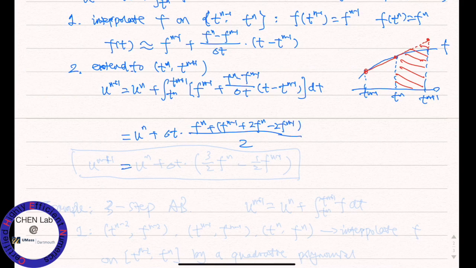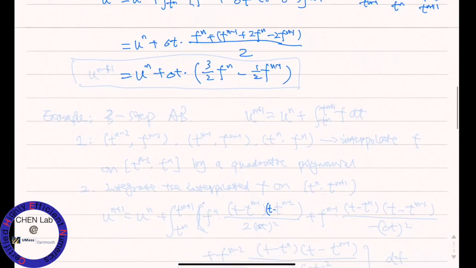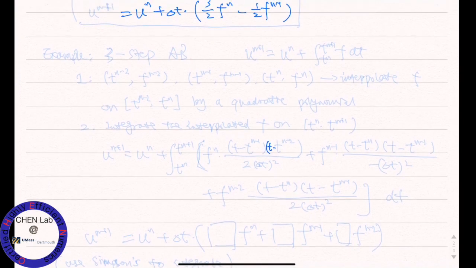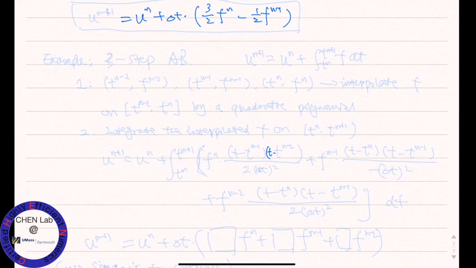So this is nothing but u_n plus delta t times (3/2 f_n minus 1/2 f_{n-1}). Am I right? 1 minus 1/2, yes. For f_n, you get 3/2. So this is the 2-step Adams-Bashforth.